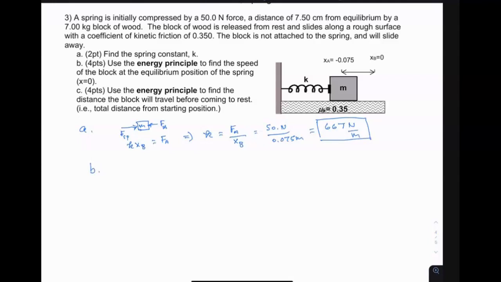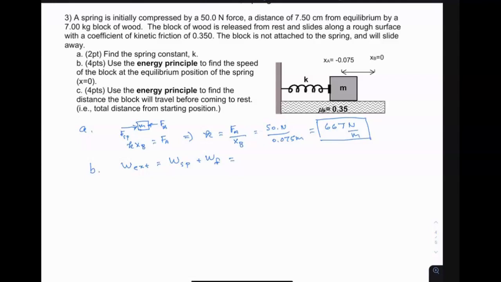There are two forces acting on the mass as it moves to the equilibrium position: the force of the spring and also the friction force. So the energy principle can be stated: work by external forces is equal to the work done by the spring plus the work done by the friction.